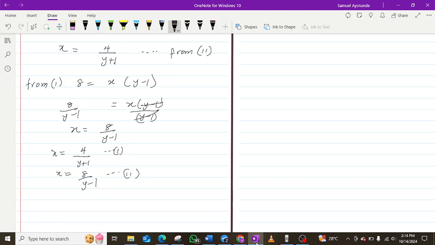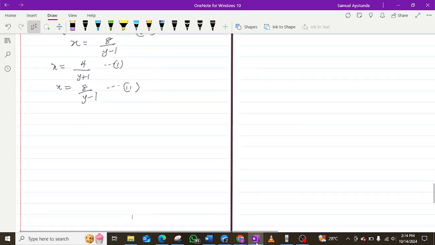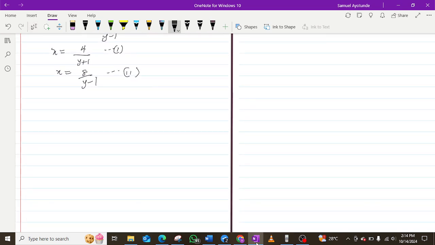Since they are equal to the same thing, I can find their value. I can find the value of y by equating x to x, equating 1 to 2. The right hand side of equation 1 will be equated to the right hand side of equation 2. So I will have 4 over y plus 1 is equal to 8 over y minus 1.